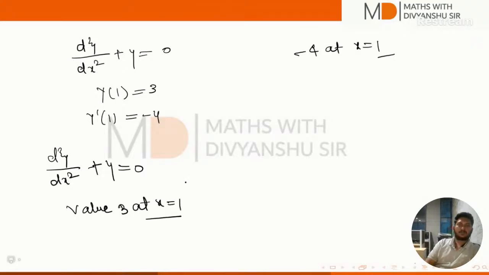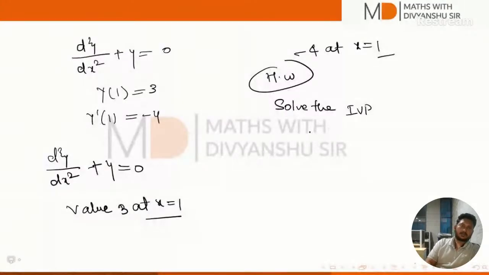I'll give you some homework here. Solve the IVP dy/dx = -x/y, and the condition is y(3) = 4.